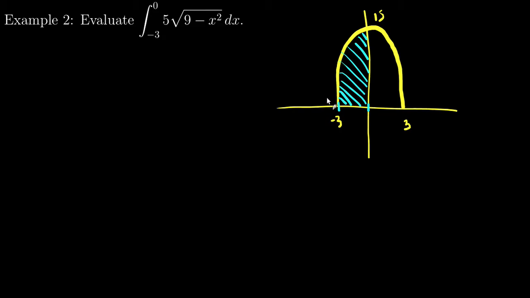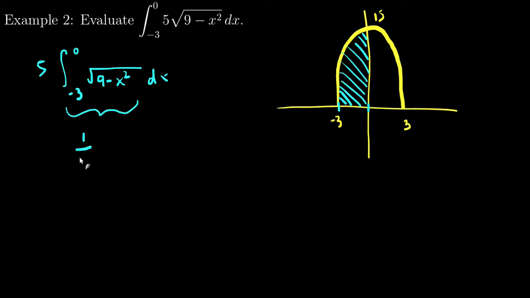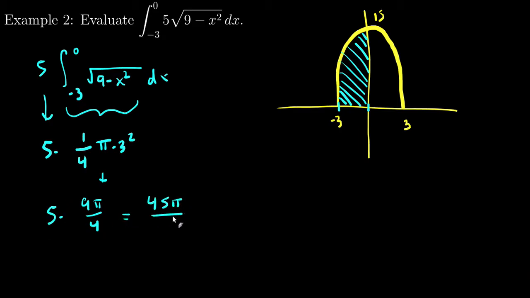And so in here, all I need to do is look at this as 5 times the integral from -3 to 0 of this half circle. I'm only doing half of this half circle, so this area here will be 1/4 of pi times 3 squared, which is going to be 9 pi over 4. But I still have to multiply it by 5, which would get me 45 pi over 4.